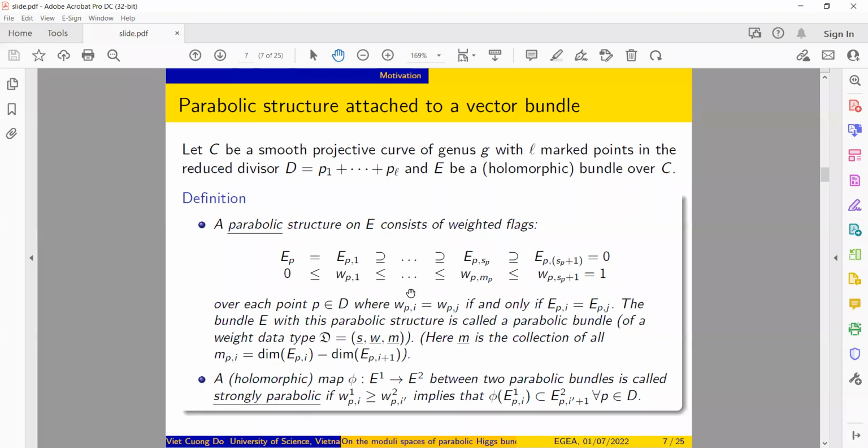This is not the original definition in set theory. I do some cheating here. In set theory, every inequality here must be strict. But if you use the strict inequality here, when you define the weight on the sub-bundle, you must remove some weight, and it's very bad for my formula.